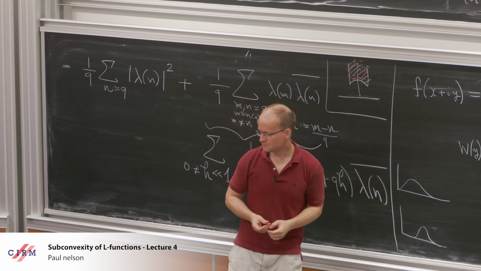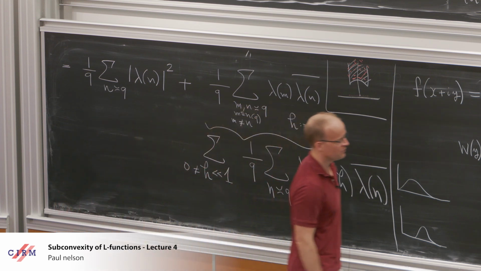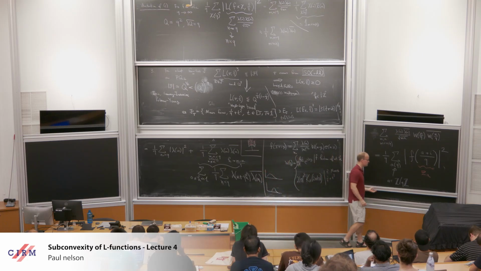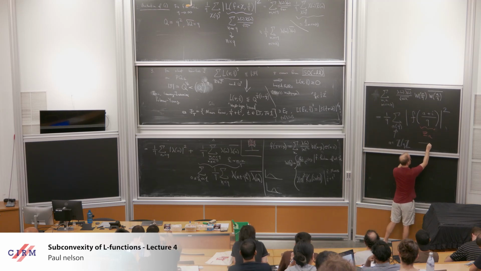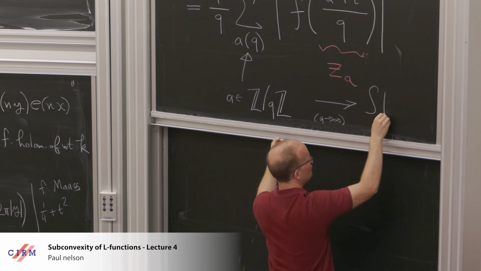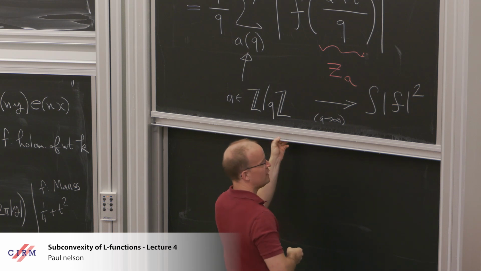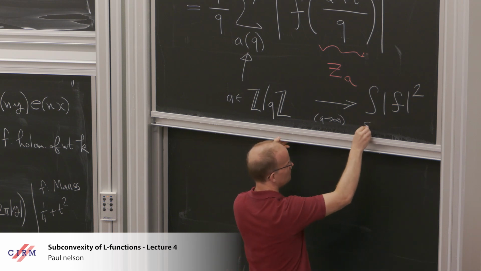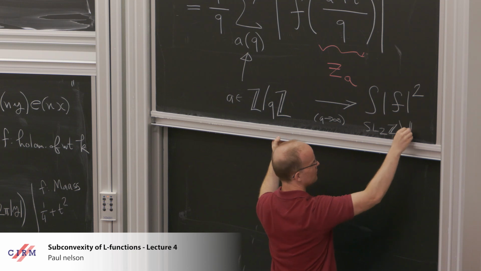So we know, in fact, from that equidistribution fact that I just alluded to, that this converges as Q goes to infinity to just the integral of the squared magnitude of F over the appropriate quotient, so H mod SL2Z or whatever.